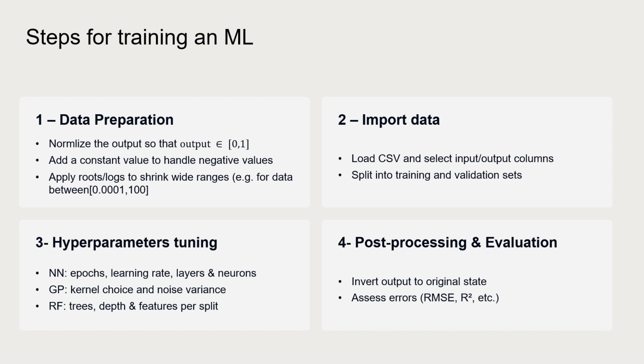So if you have data between -5 and 20, you need to shift all your data by 5 so that your data falls between 0 and 25. Then you would need to normalize the new data and divide everything by 25 so that your data falls between 0 and 1.